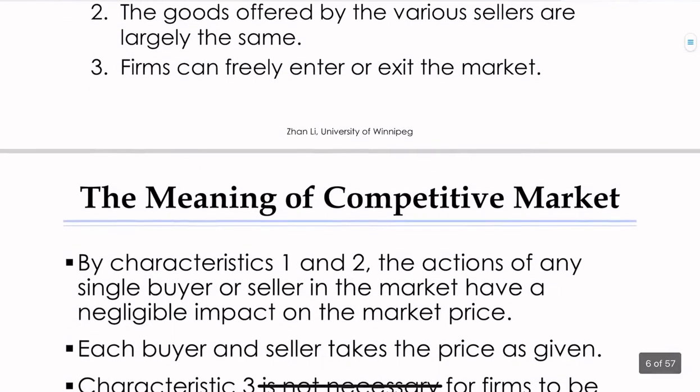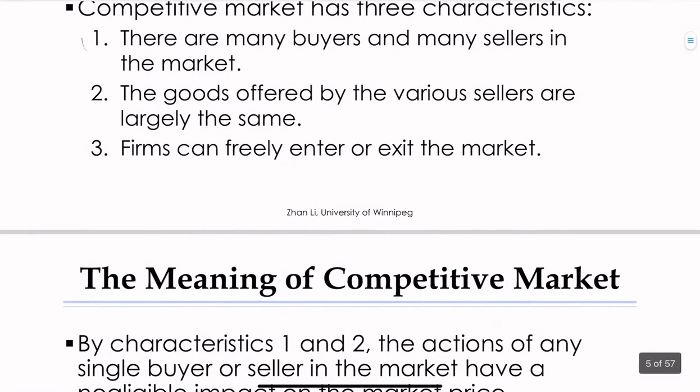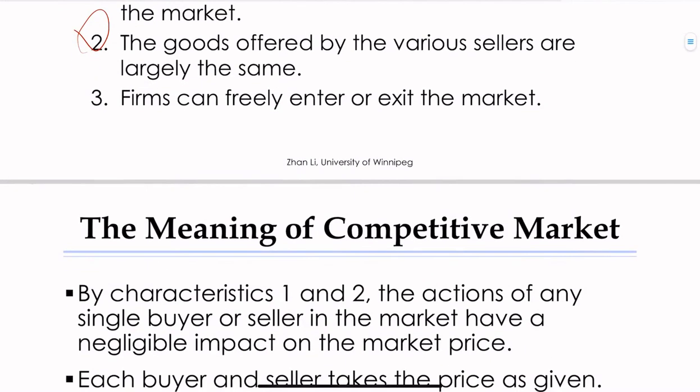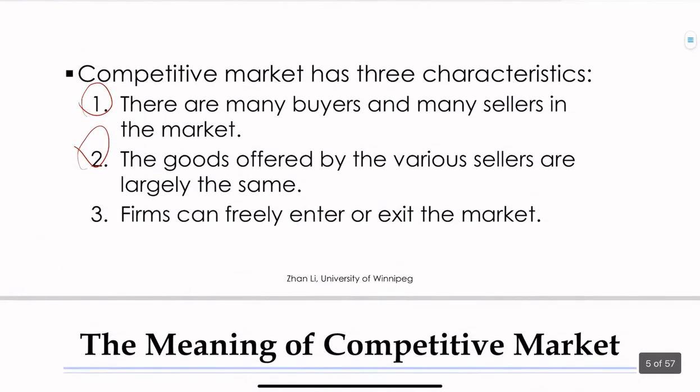And you can see that under the first and the second assumptions, we will have this result: all buyers and sellers are just price takers, right? Because first, we have many of them, so they cannot generate a large impact in the market. And then all products are the same. It means that there is no product differentiation in the market, so sellers won't have any power from product differentiation.